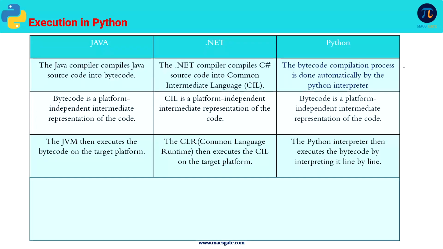See here in Java and .NET, the compilation is done by the compilers, then the execution is done by the Java virtual machine and CLR respectively. But in Python, everything is taken care of by the Python interpreter.